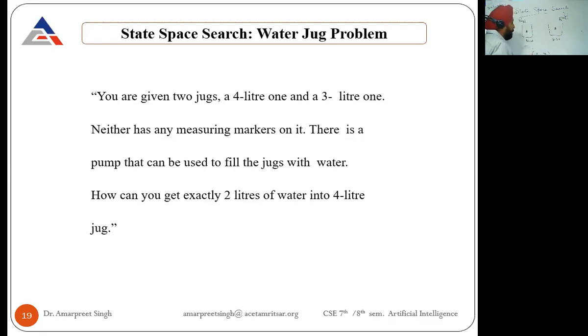This type of problem is known as the water jug problem. The initial can be both jugs with 0, 0. Then you pour some water in jug A or jug B, and there is no marking. The final thing is you want 2 liters of water. So this is the goal state: 2 liters of water in a jug having a capacity of 4 liters.